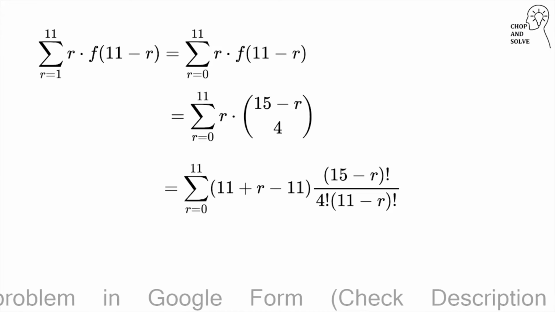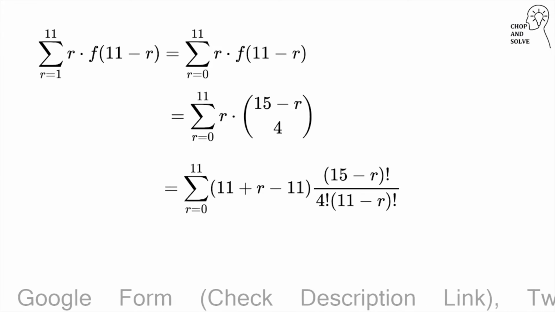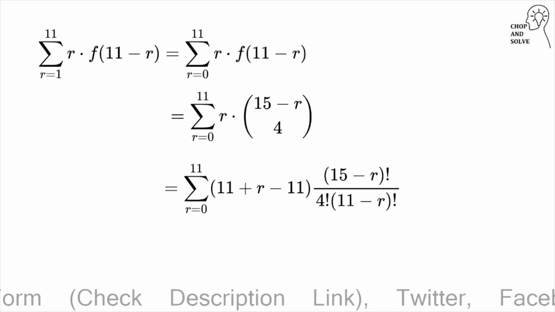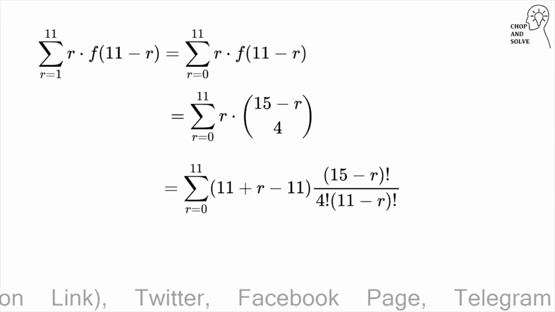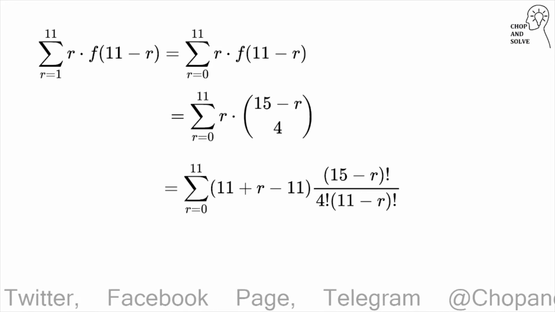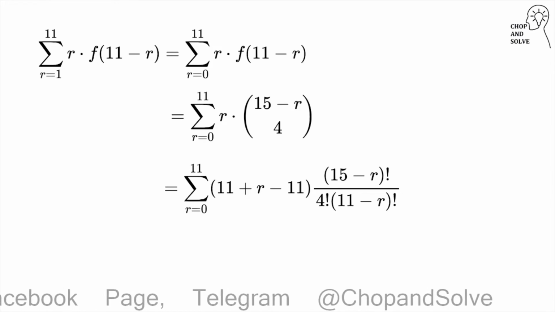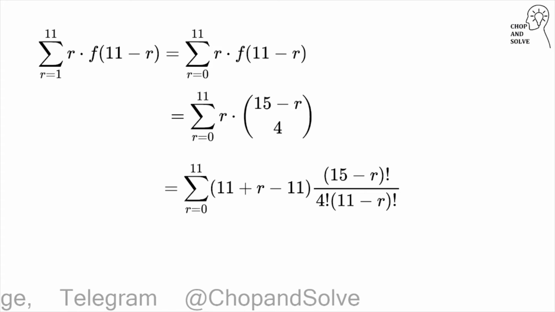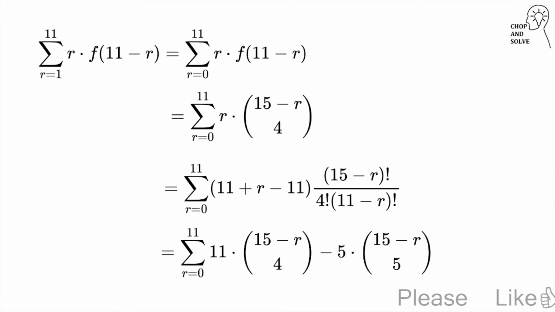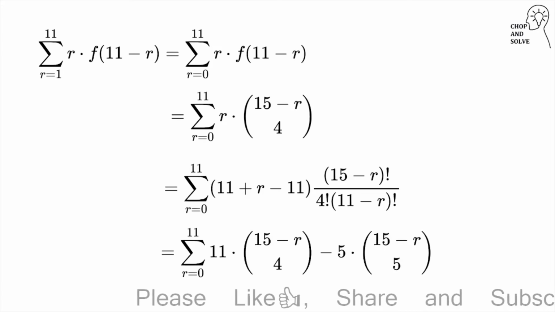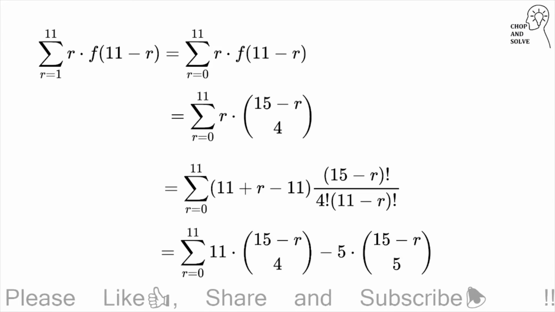Now we can also write 11 plus r minus 11 into 15 minus r factorial divided by 4 factorial into 11 minus r factorial. And in a simpler form, that is the summation over r from 0 to 11 of 11 into 15 minus r choose 4 minus 5 into 15 minus r choose 5.